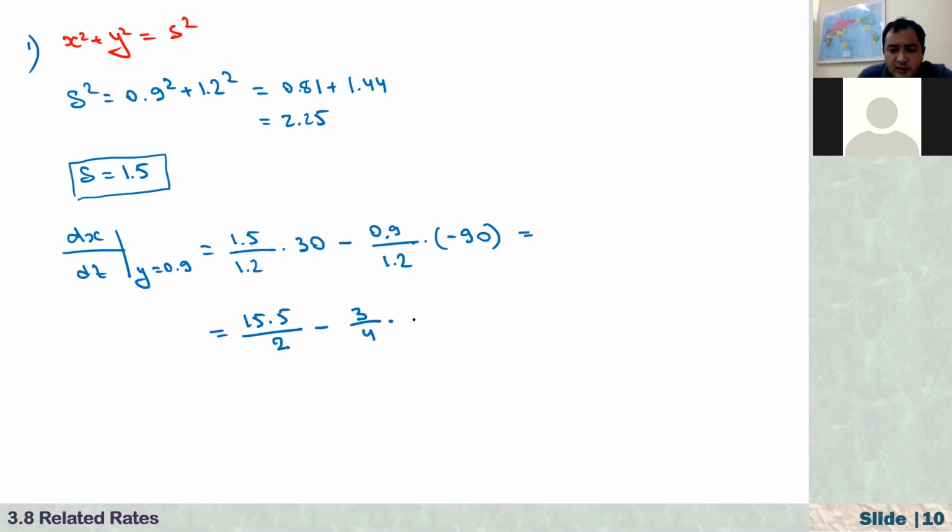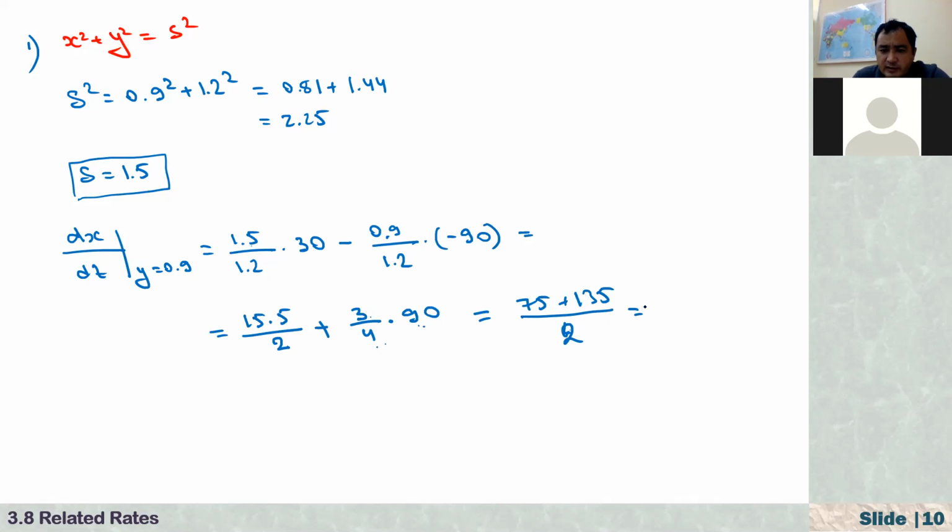It is 4 times 90. With this minus, it is plus, which is equal to, okay, here we have 75 plus 90 over 4, that is 45 over 2. 3 times 45, 135. And here we have, what is it? Common denominator is 2.